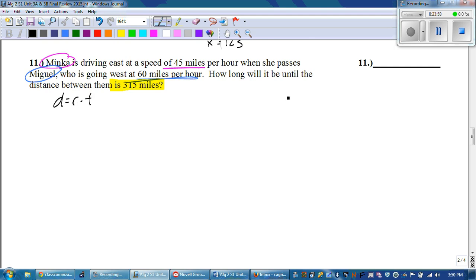So since we're talking about 2 drivers, we're going to take Minka's speed plus Miguel's speed. All right, so I know that Minka was driving 45 miles per hour, so her distance equals 45 times her time.